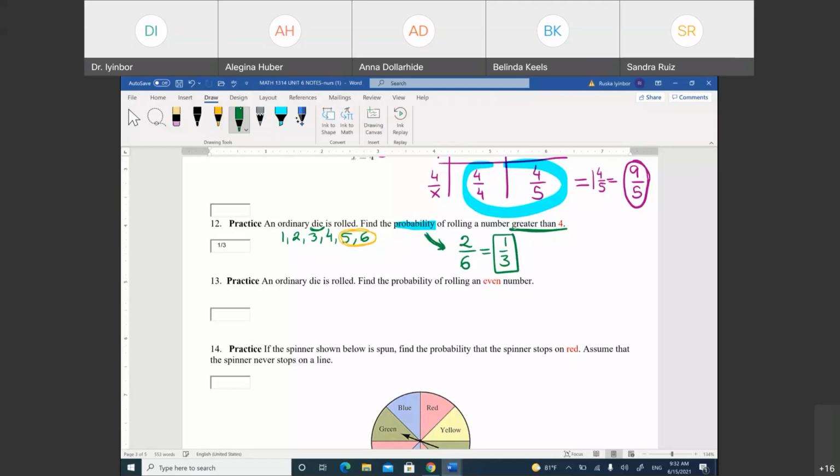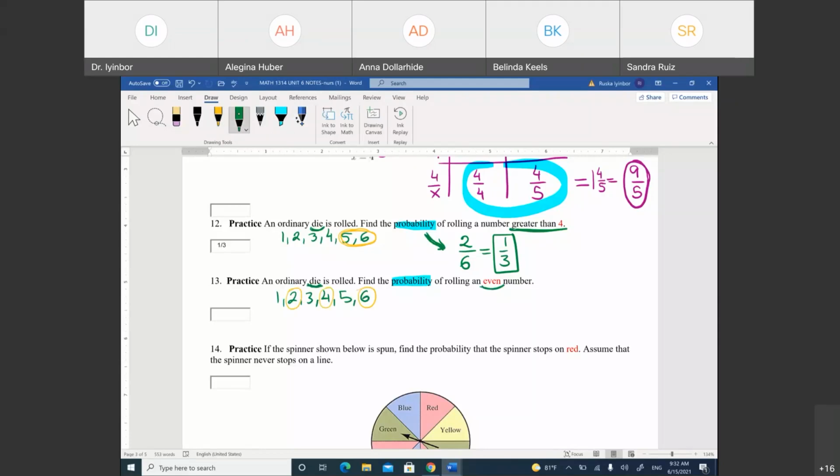Okay, let's do 13. Again, we have an ordinary die, which also has 6 sides. The numbers are 1, 2, 3, all the way to 6. The question is, find the probability of rolling an even number. Which ones are the even numbers? 2, 4, and 6 are even, right?